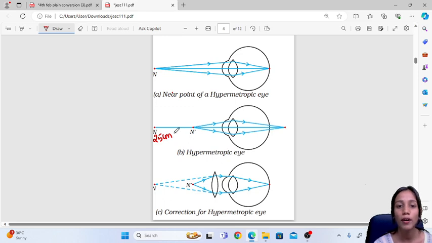The near point has got in front of 25 centimeter. So that's the reason the light coming from the point which is at 25 centimeter forms the image behind the retina. Okay, so the person won't be able to see the nearby objects properly.